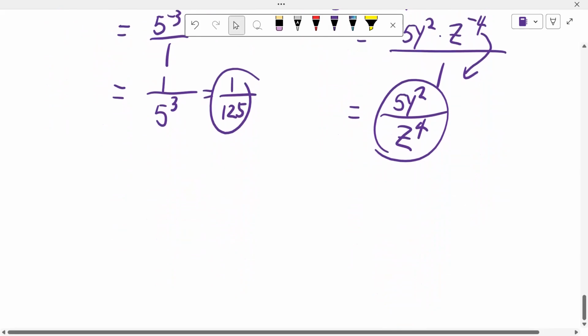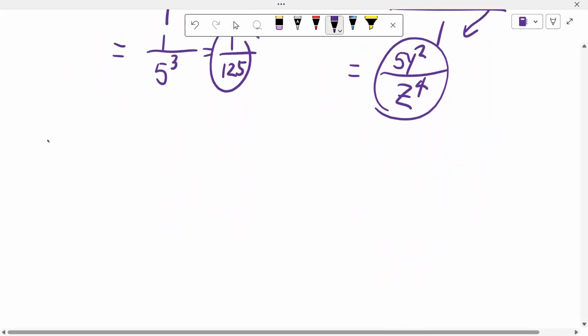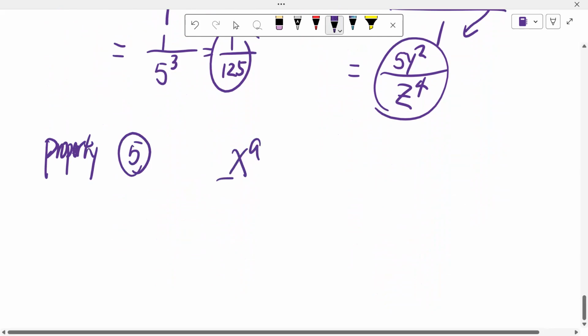Next one, we're going to take a look at property number 5. This one is mainly about the division property. So let's say we have something like x to the a power over x to the b power. We have 2 scenarios. First scenario is the power on the top is bigger than the power on the bottom.